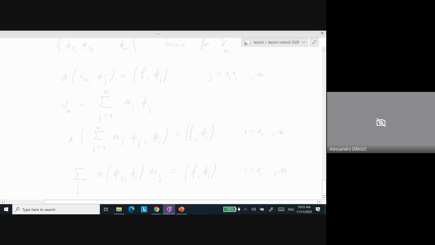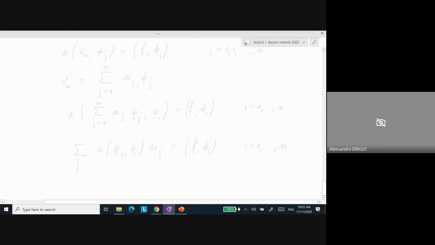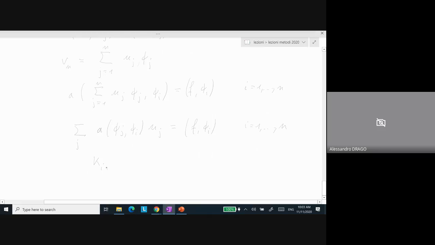Okay. So it is clear that I ended up with a linear algebra problem, because I can define a matrix. Let's call this matrix Kij, and Kij is defined as A of phi j, phi I, while these other objects, the scalar products, let's call them Fi.